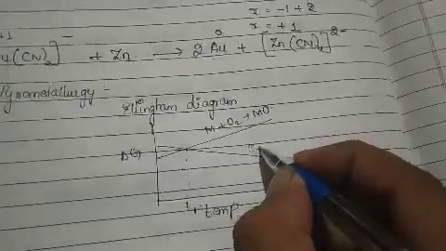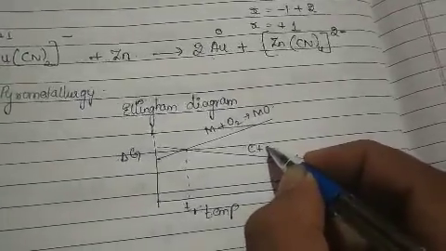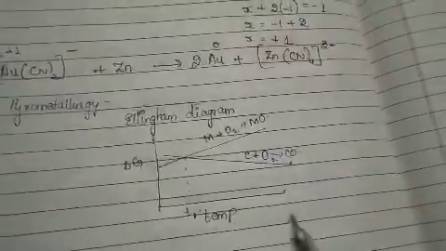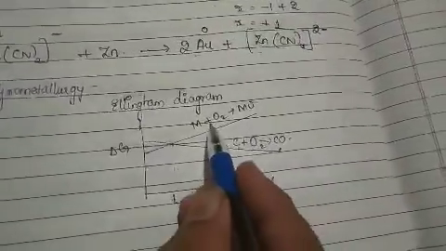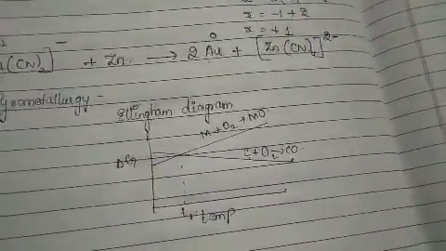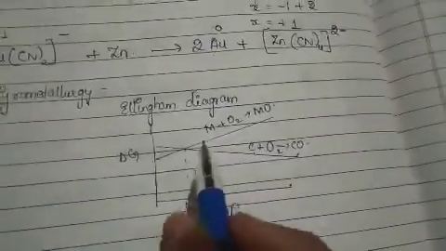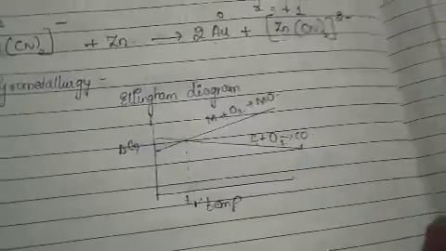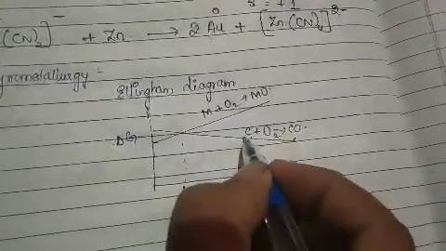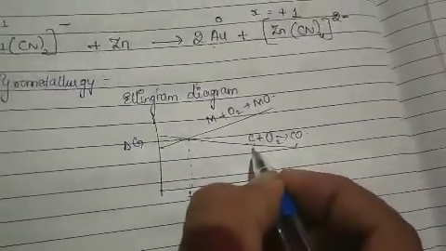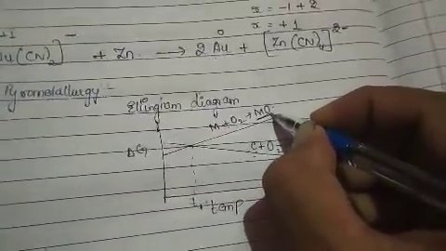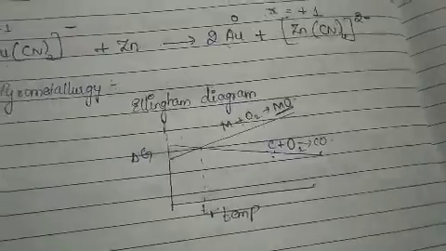Let this be another, say coke itself. When we can use coke as a reducing agent, just one important thing you have to remember is that whatever reducing agent you are going to choose should lie below the curve of your ore oxides. Able to understand? Don't get confused.